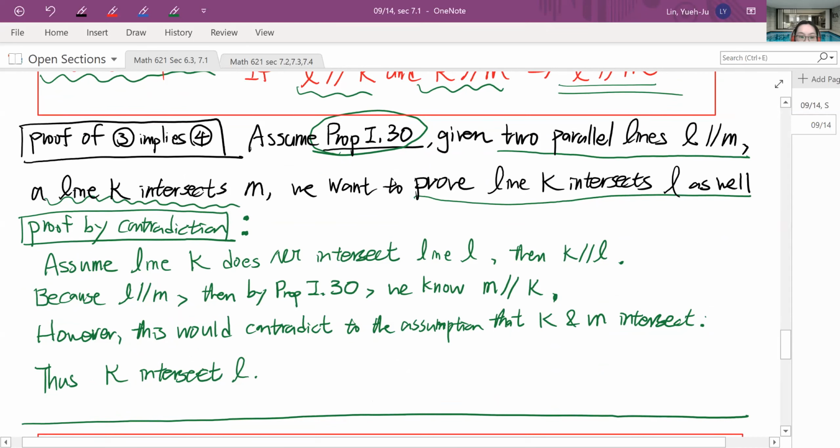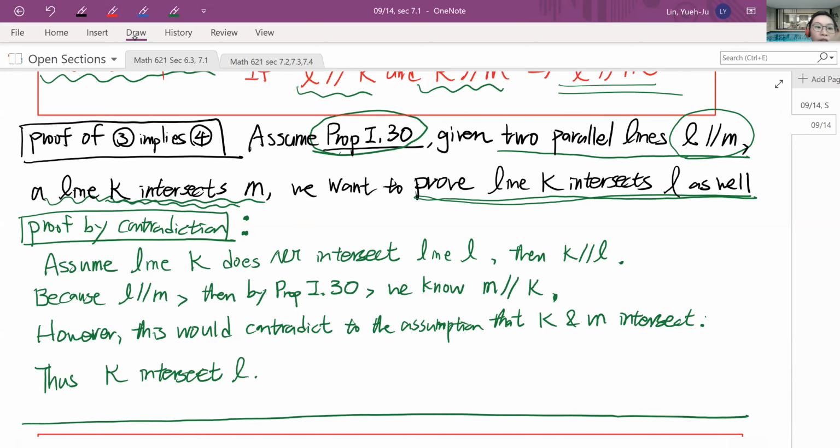So let's do a proof by contradiction. We already assume L is parallel to M and K intersects M. The goal is to prove that K intersects L as well. To assume the contrary, I assume that K does not intersect L at all.